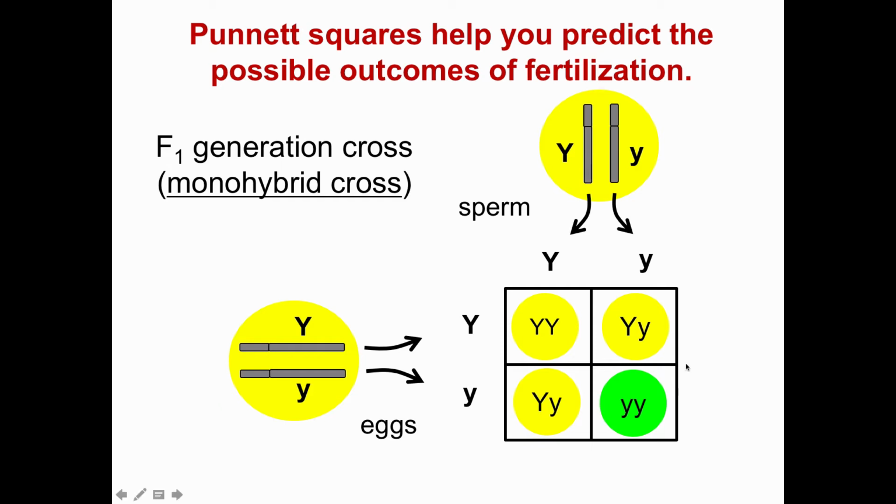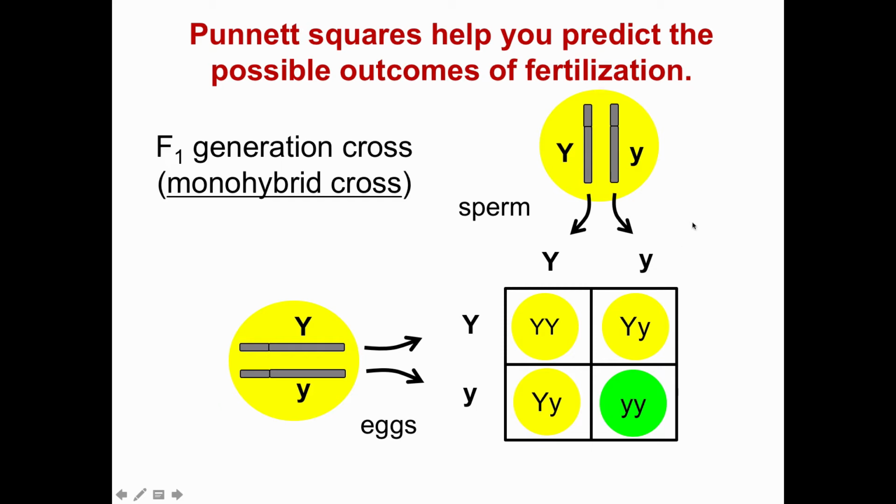So for our F1 generation, he mixed the sperm and the eggs, and in this case we have heterozygotes. We have a dominant gene and a recessive gene in one of our parents, and a dominant gene and a recessive gene, in this case for seed color, in the other parent.